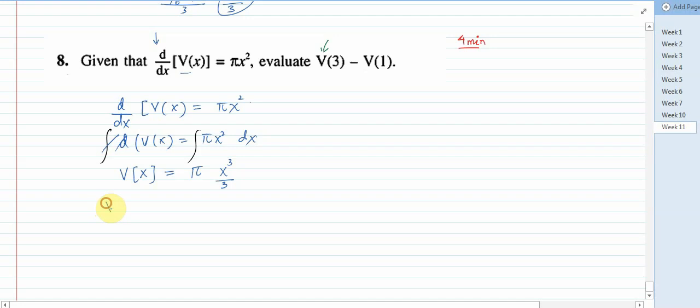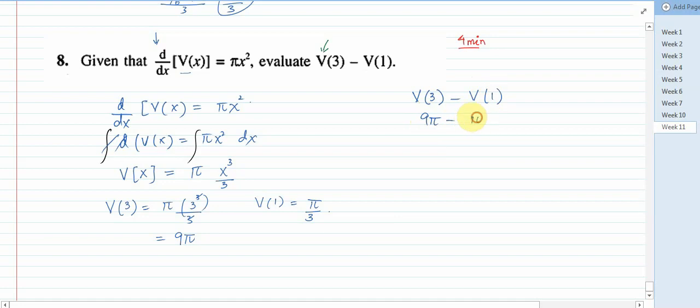Now we need to find the value of V(3) and V(1). So V(3) will be π, instead of x it's 3³ divided by 3, so that will be 3², 9, so it's 9π, that is V(3). Similarly, V(1) will be π/3. In the question it says V(3) minus V(1). So V(3) is 9π minus V(1), which is π/3.